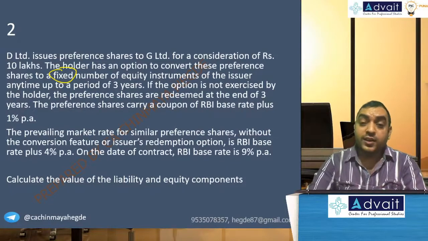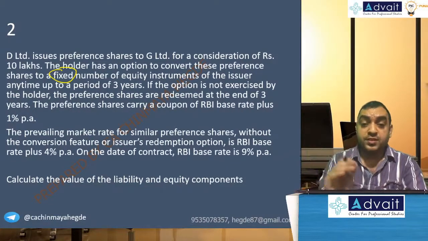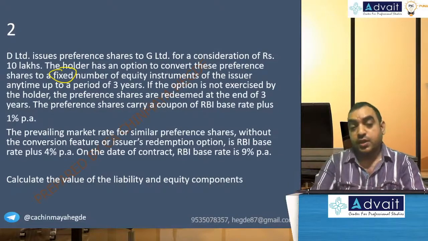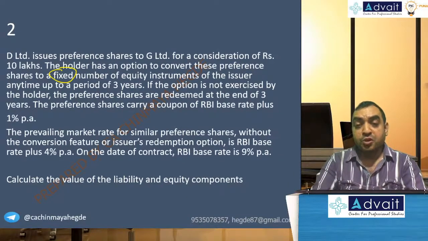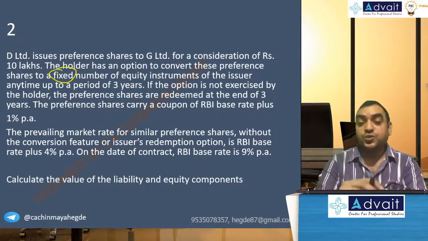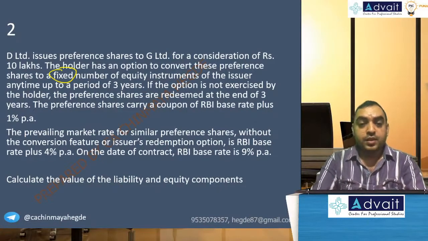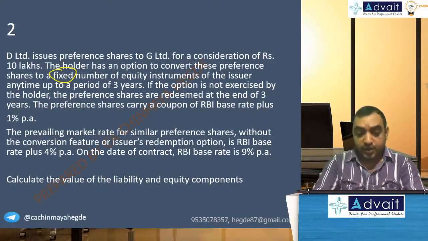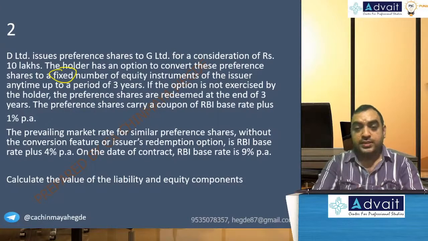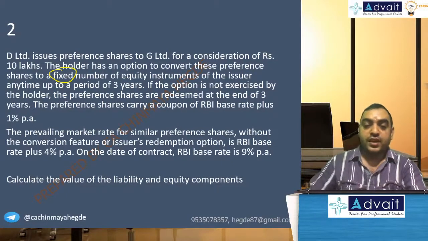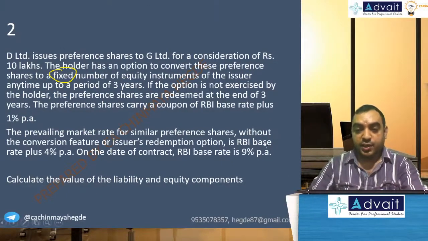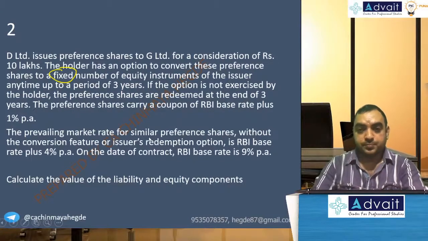If the option is not exercised by the holder, the preference shares are redeemed at the end of 3 years. Preference shares carry a coupon of RBI base rate plus 1% per annum. The prevailing market rate for similar preference share without conversion feature or the issuer's redemption option is RBI base rate plus 4%. On the date of contract, RBI base rate is 9%. Calculate the value of liability and equity components.